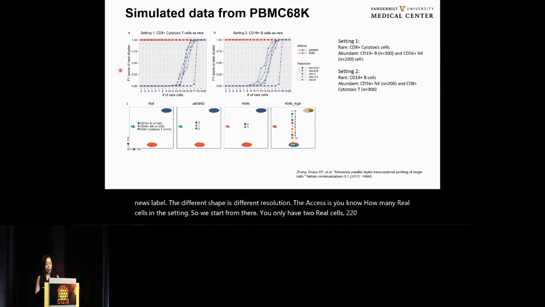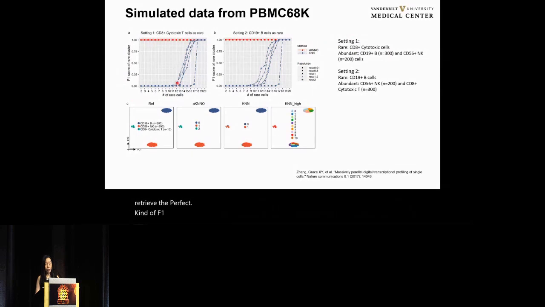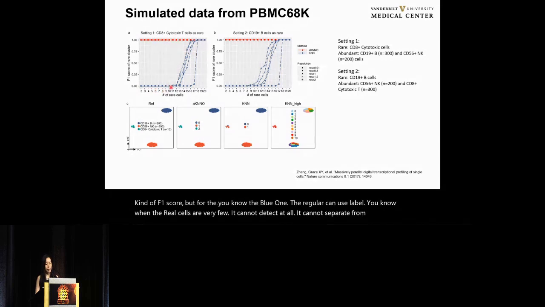The y-axis is the F1 score. You can see here the red one, the adaptive k-nearest neighbor, always retrieves the perfect F1 score. But for the blue one, the regular k-nearest neighbor, when the real cells are very few, it cannot detect them at all. It cannot separate from the major cluster.